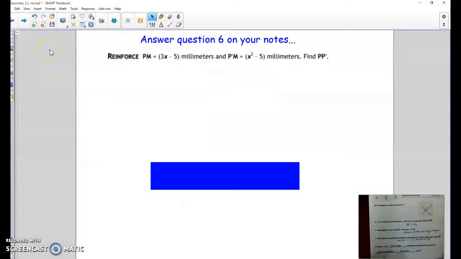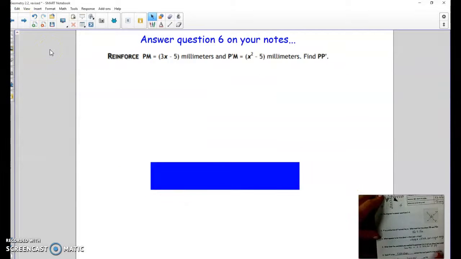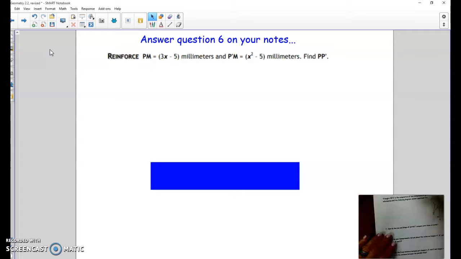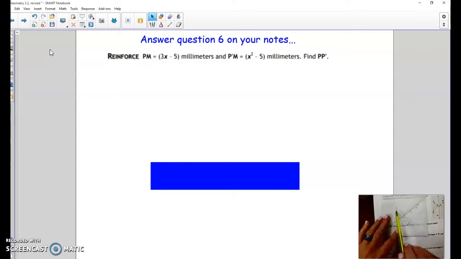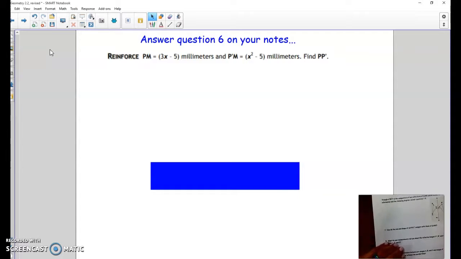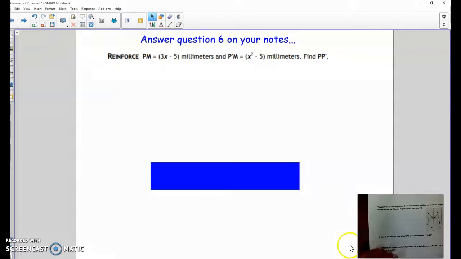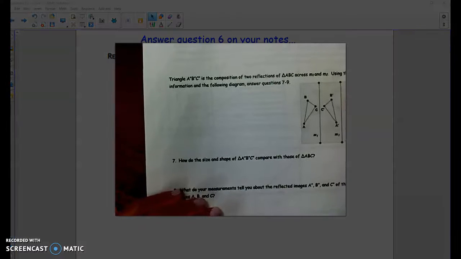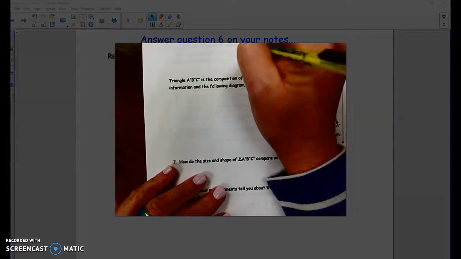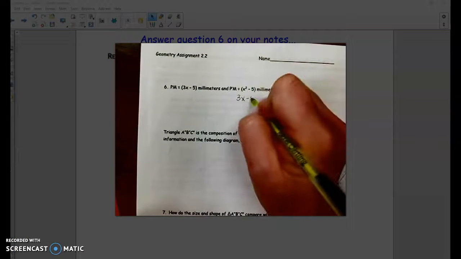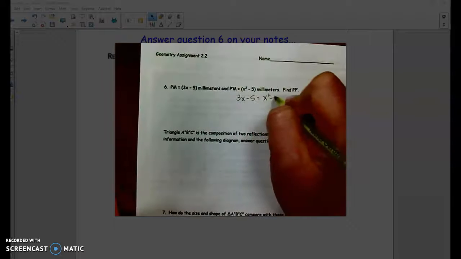All right, so let's look at question 6 on our notes using that information. So it gives me 2 different expressions, one for PM and one for P prime M. Now remember, we just said those were congruent segments, which means their measures are equal. So all we have to do is set these 2 expressions equal to each other. So 3x minus 5 equals x squared minus 5.